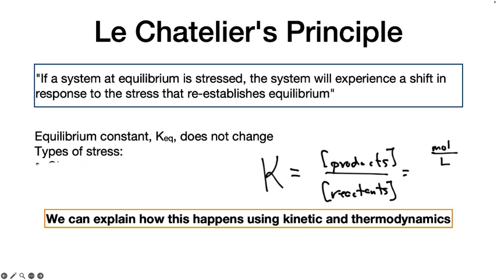Moles over liter, right? If I change the number of moles, is that going to change my concentration? Yes. Okay. What if I change my volume? Yeah, that will change my concentration because volume is liters. It's part of concentration. What if I change the pressure?